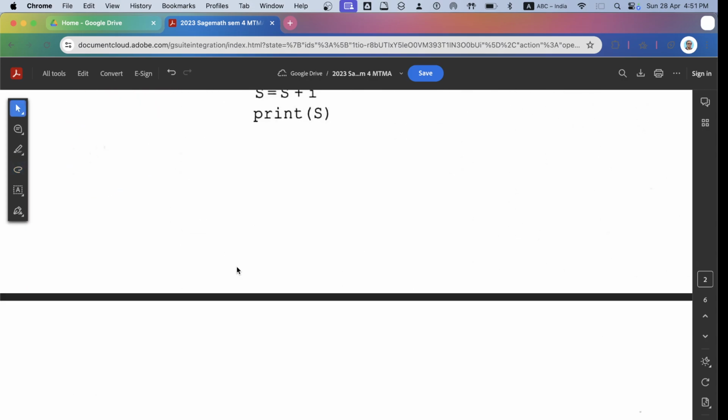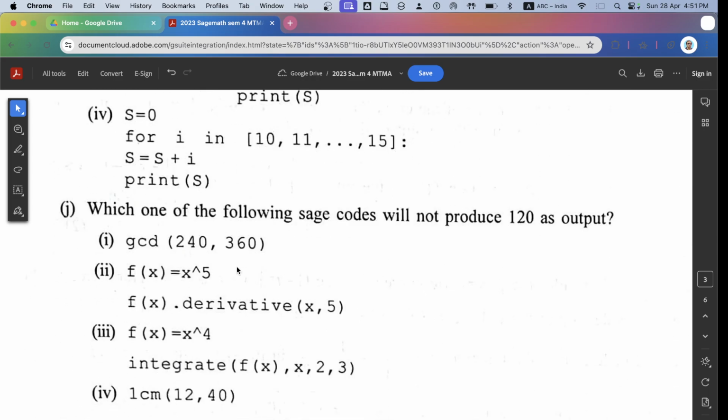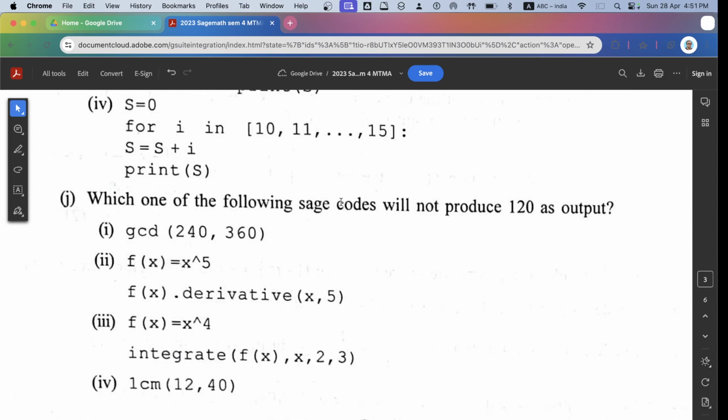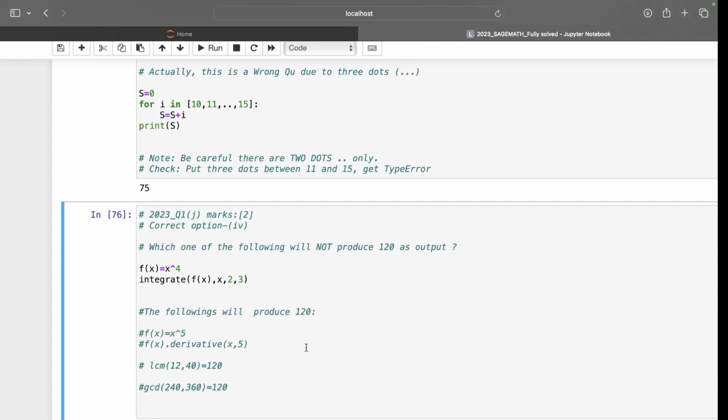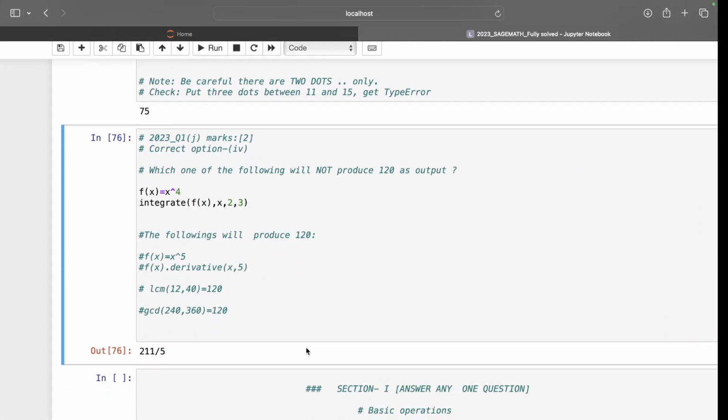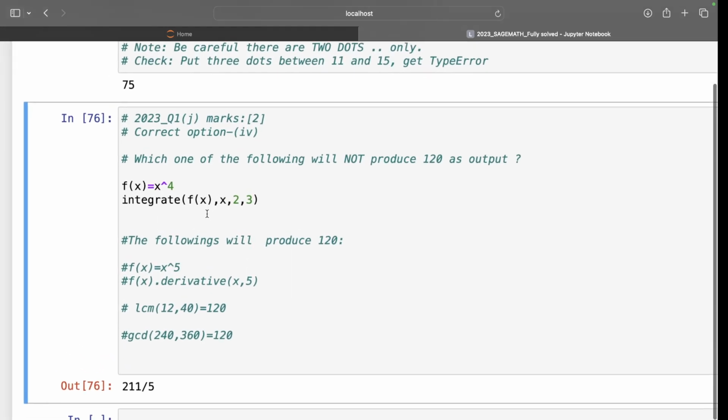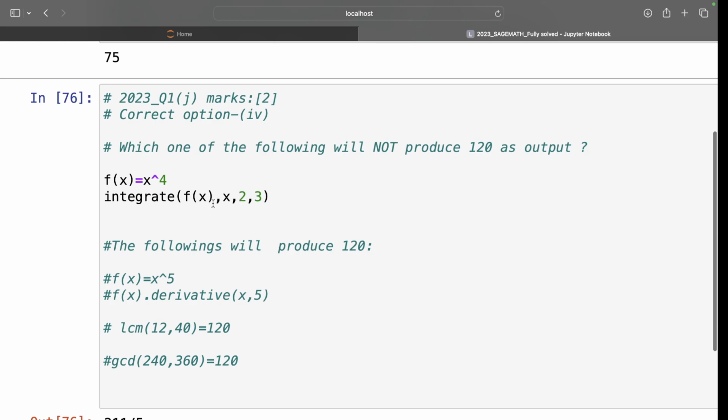Next question, question J. Which one of the following Sage codes will not produce 120 as output? Will not produce 120. Here the actual option is 4. fx equals x to the power 4, and integrate fx comma x, 2 comma 3.